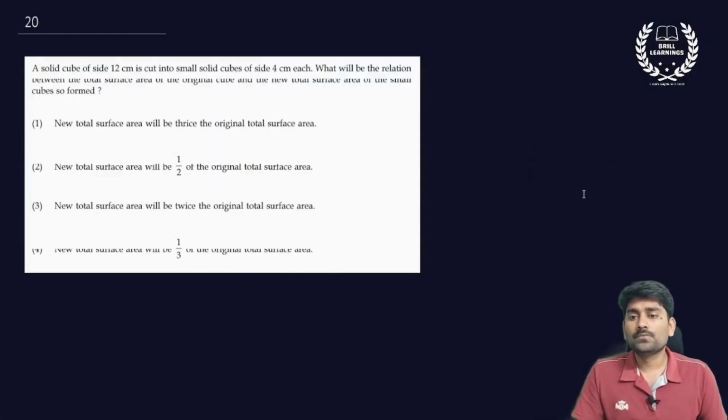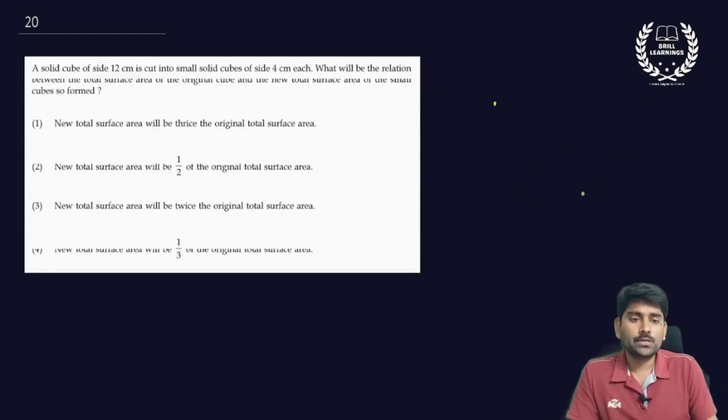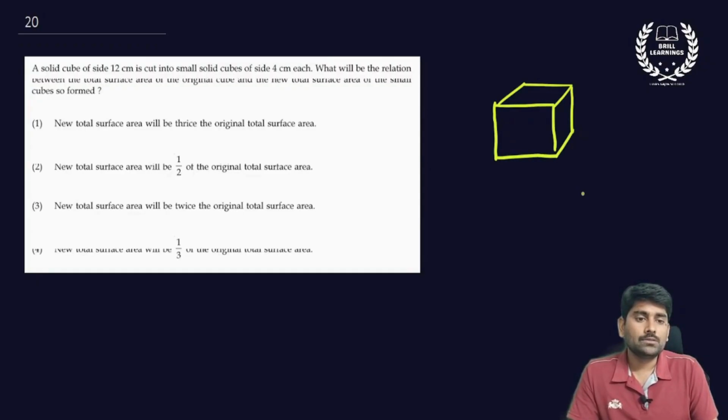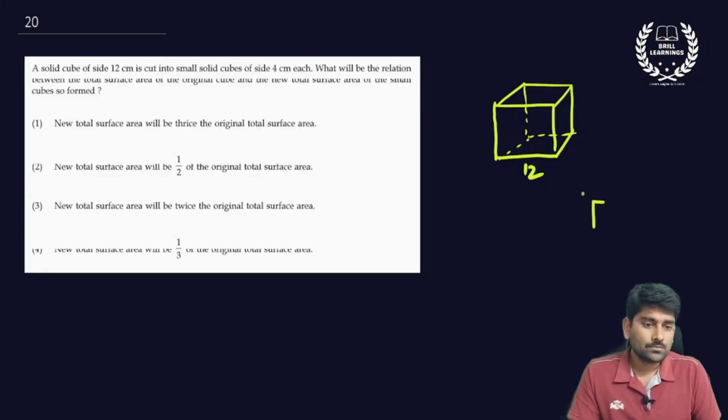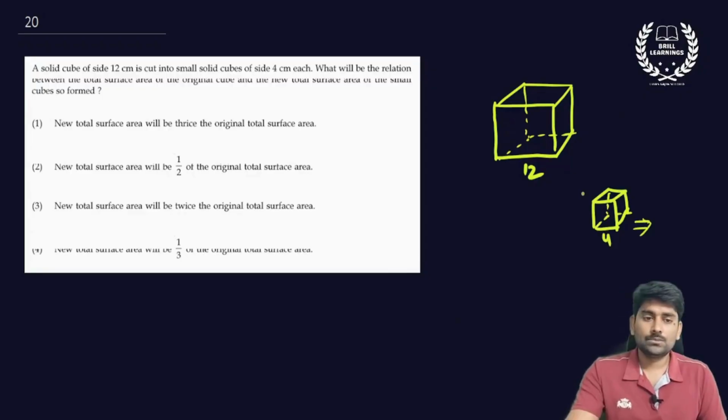A solid cube of side 12 cm is cut into small solid cubes of side 4 cm each. Initially we have a solid cube with side 12 cm, and this cube is cut into smaller cubes of side 4 cm each.